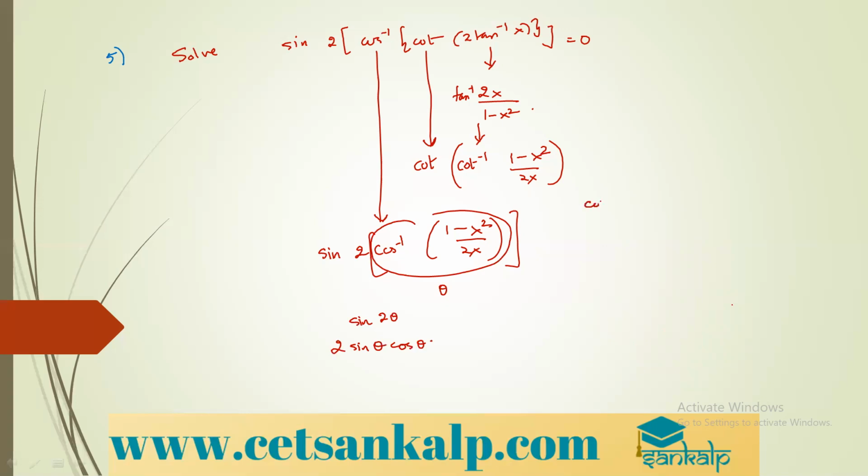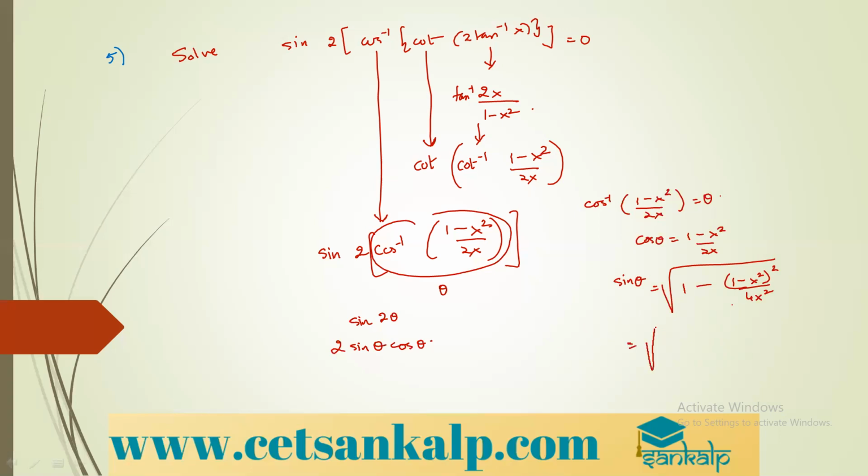But because we have taken cos inverse 1 minus x square by 2x as theta, cos theta will be 1 minus x square by 2x. And sine theta will be square root of 1 minus x square whole square by 4x square. This is what you have for sine theta.